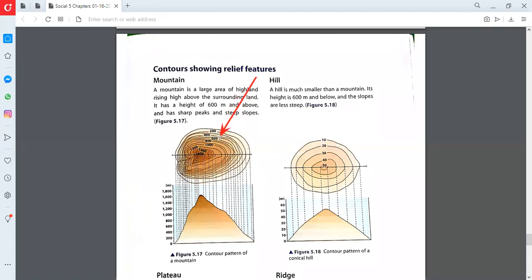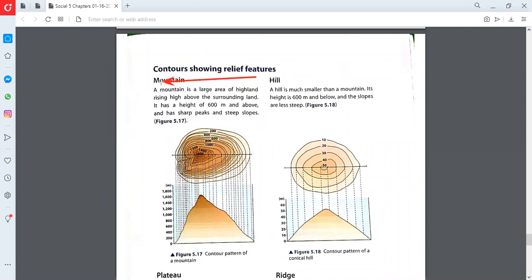In this way, the height is increasing. They show this height here in the map, the lowest part of the mountain, 200, 400, 600. Now they are moving upward, 1200, 1400, and they are showing that it is the highest peak. They showed it in the form of meters.